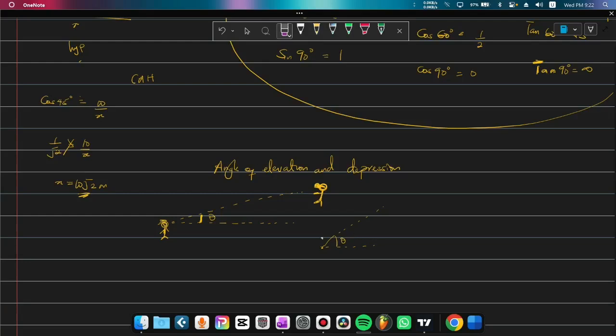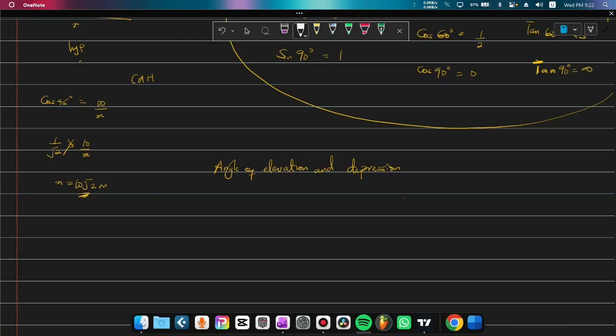Something else you need to know about an angle of elevation is, if two people are looking at the same object from different distances on the plane ground, let me show you this. Let's say I have a pole and I have a bird on the pole. Come in, I'll draw the pole for you. Let's say this is a pole.